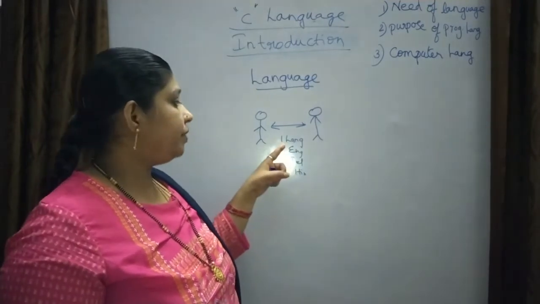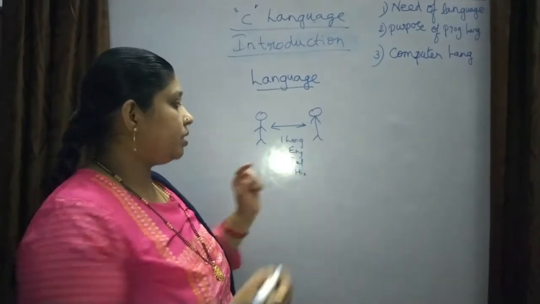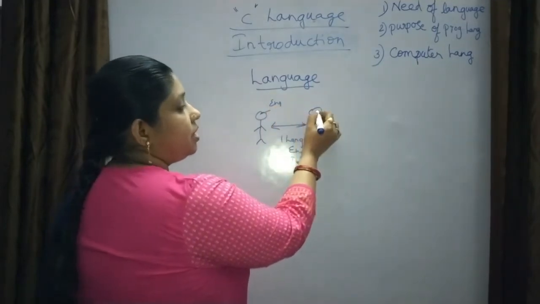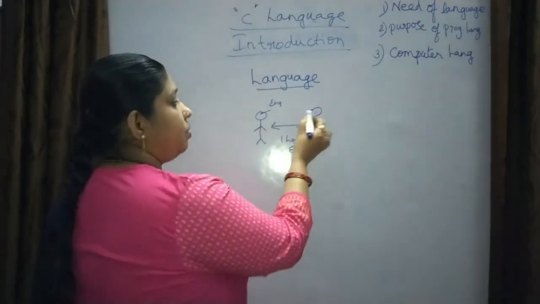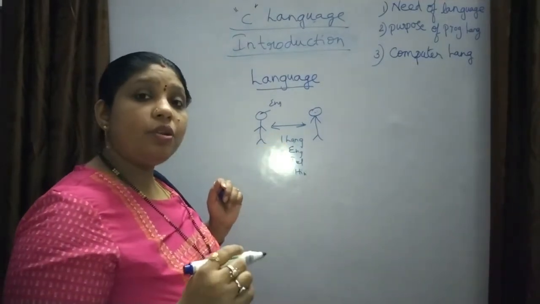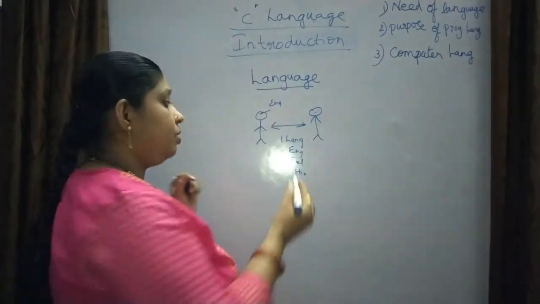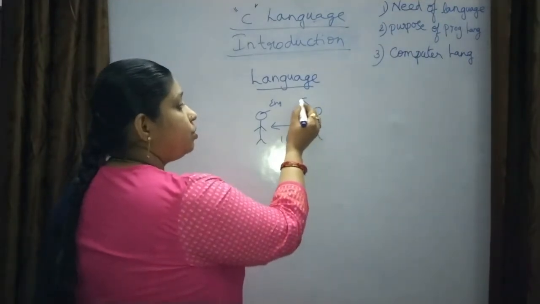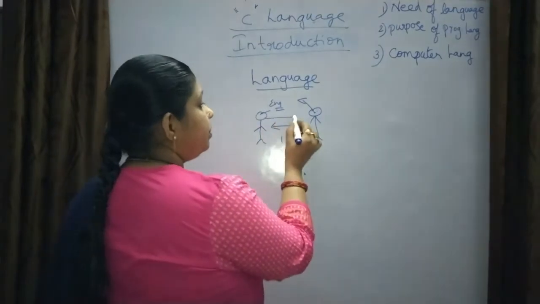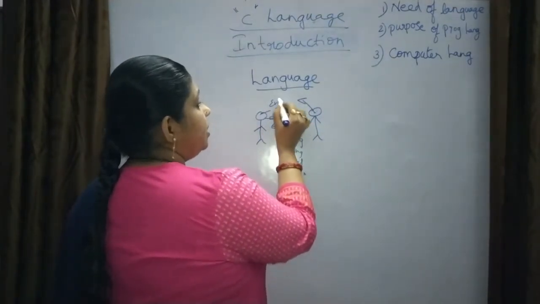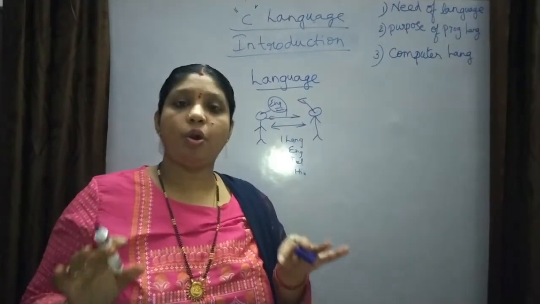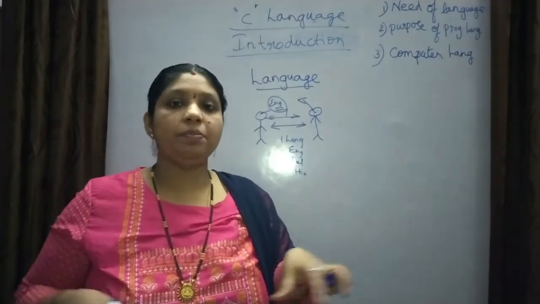If one of them doesn't know English, suppose this person is speaking in English, he cannot understand what is being said and he cannot speak in English. So this person also should know English. Both the persons should know the same language. This is a general and common situation between persons.